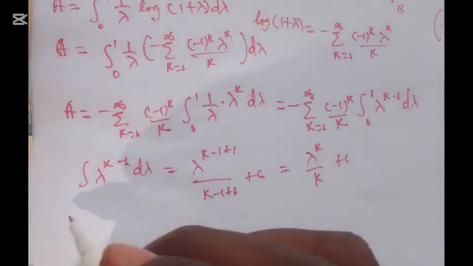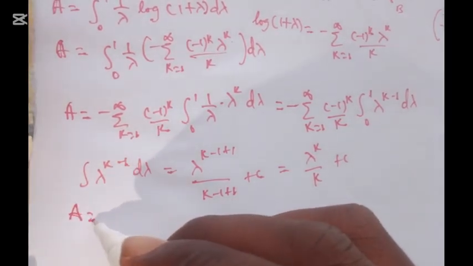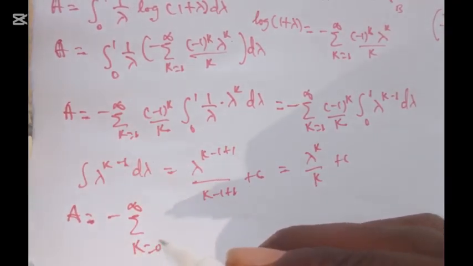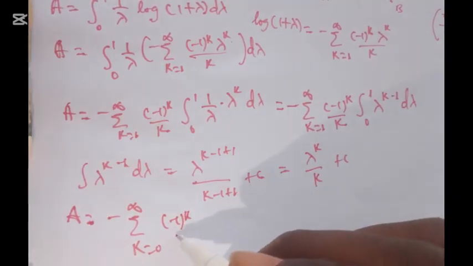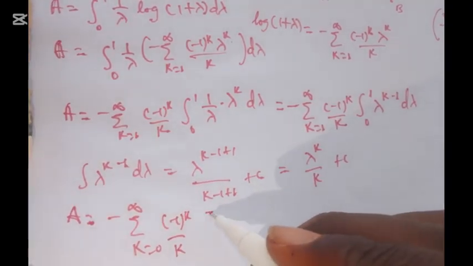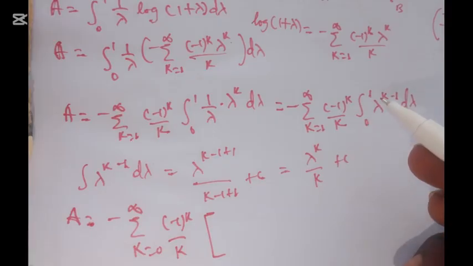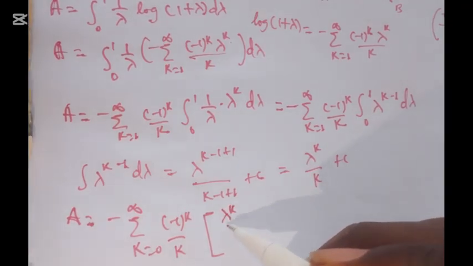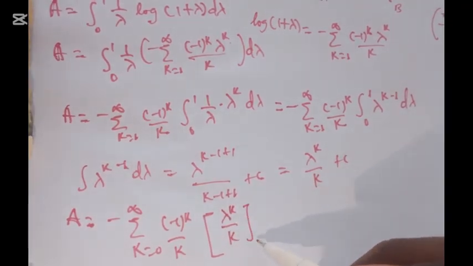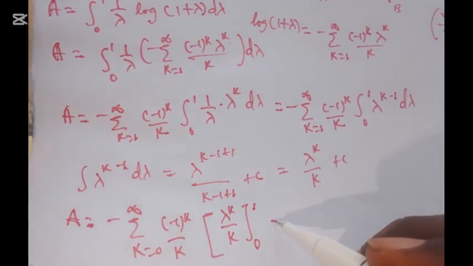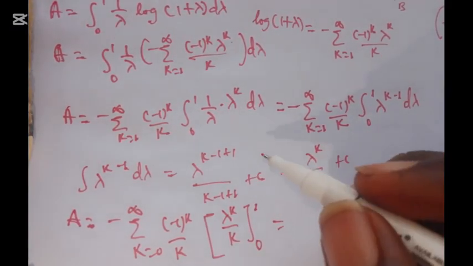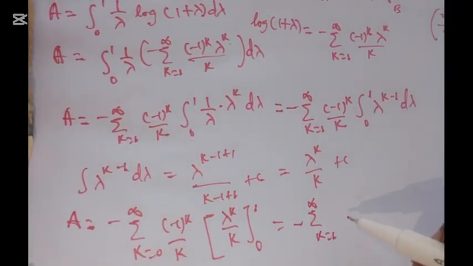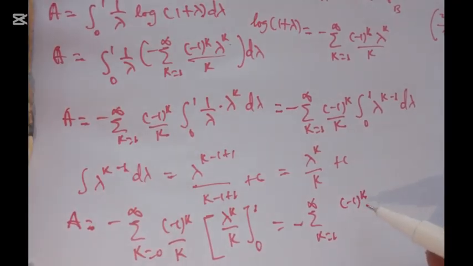So we have A now equal to negative sum of k from 1 to infinity of (-1)^k over k, then instead of the integral from 0 to 1 of λ^(k-1), we write λ^k over k with the limit from 0 to 1. So therefore, this is equal to negative sum of k from 1 to infinity of (-1)^k over k.